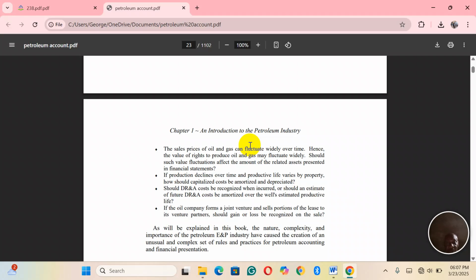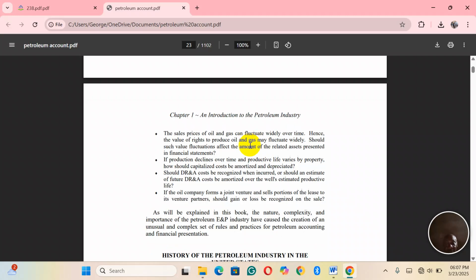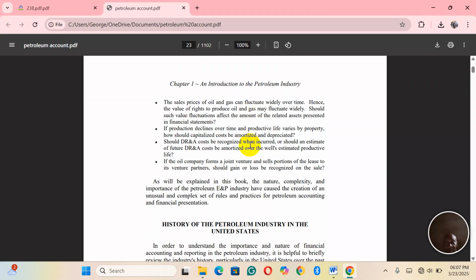If production declines over time and production life varies by property, how should capitalized costs be amortized and depreciated? Should DR and A costs be recognized when incurred, or should an estimate of future DR and A costs be amortized over the well's production life?